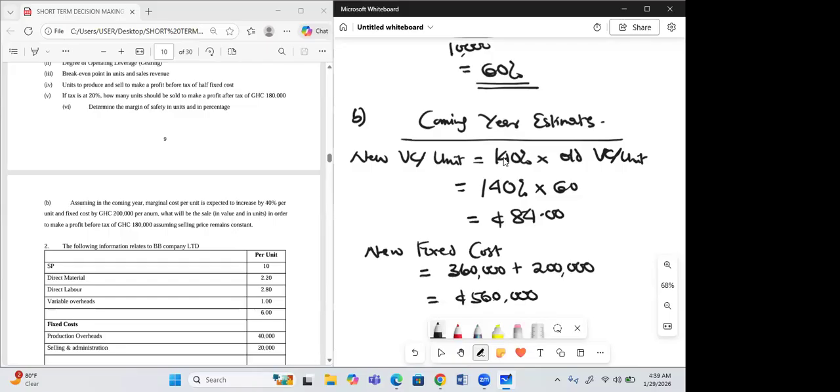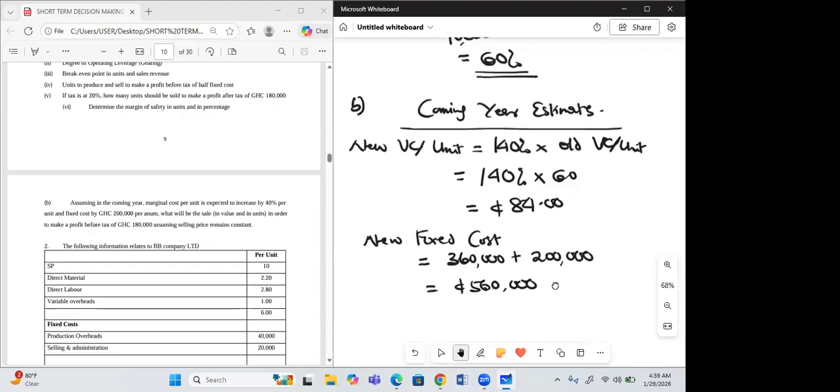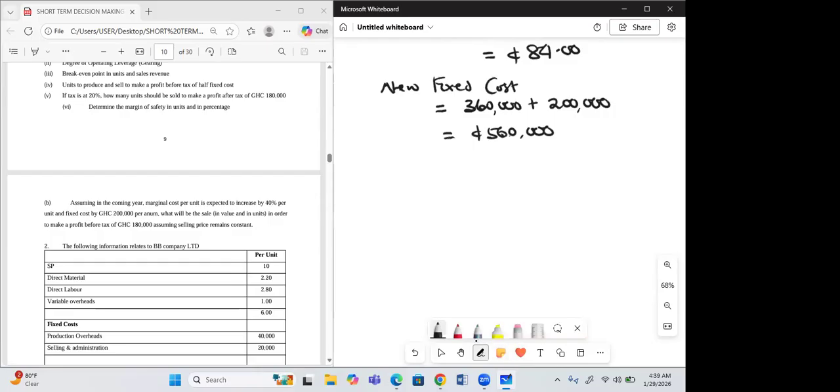What will be the sales in value and in units in order to make a before tax profit of 180,000, assuming selling price remains constant? So it means that at that point, our contribution per unit will be what?